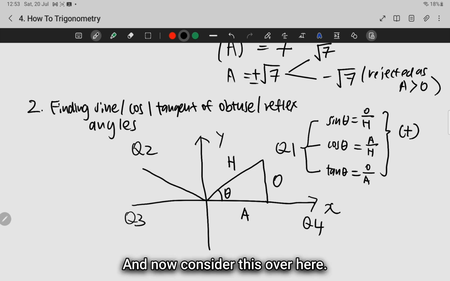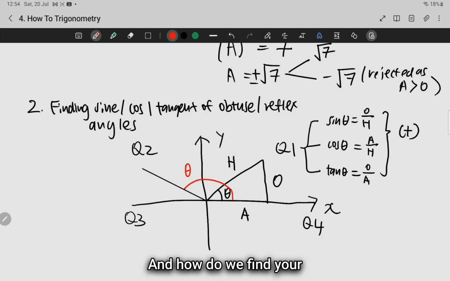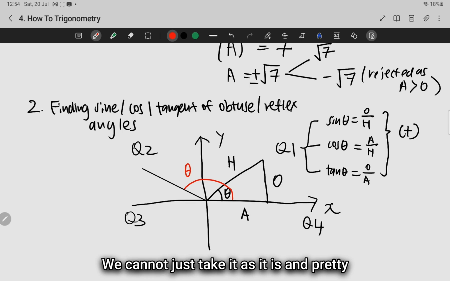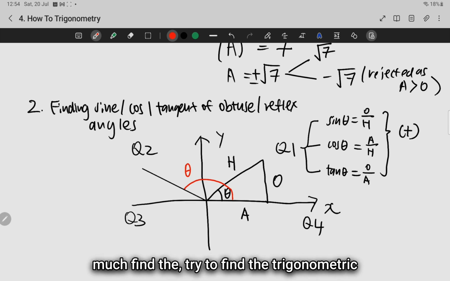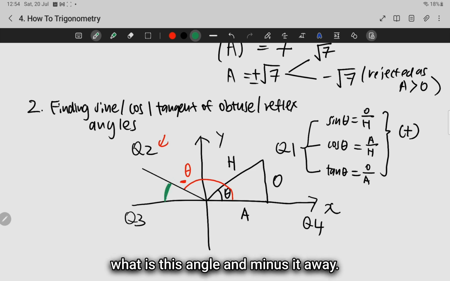And now consider this over here. So now assuming we are in the second quadrant, so this is your theta over here. And how do we find your theta in this case? Right? We cannot just take it as it is and try to find the trigonometric ratio of theta in the second quadrant, because this is not an acute angle. So what we need to do is to find out what this angle is and minus it away.